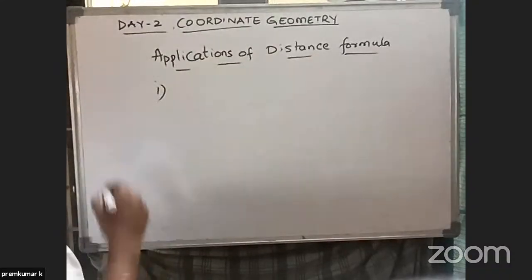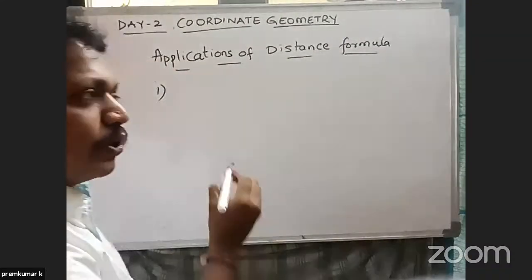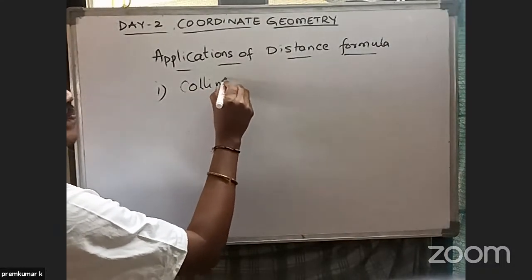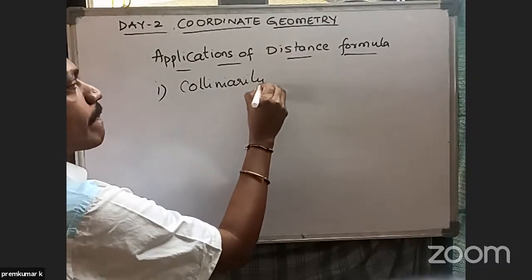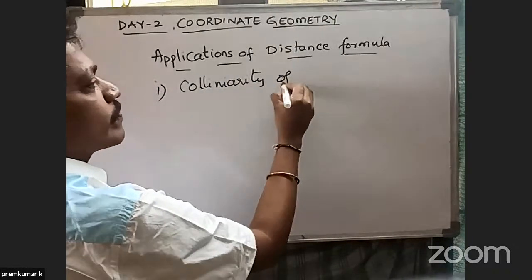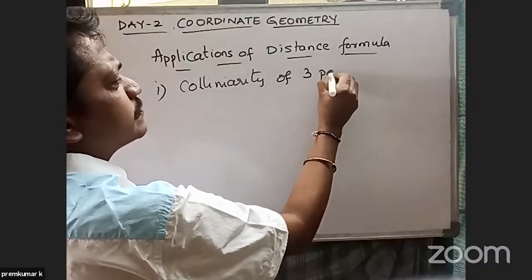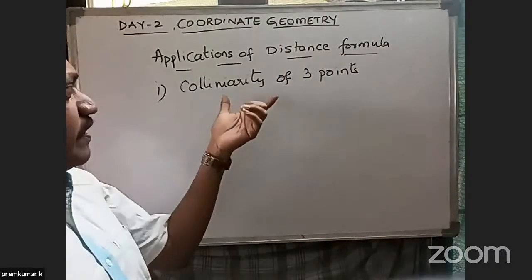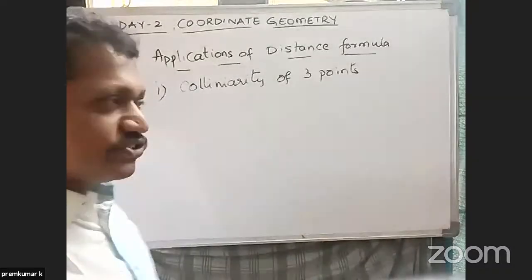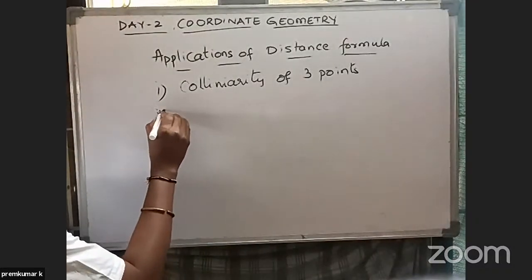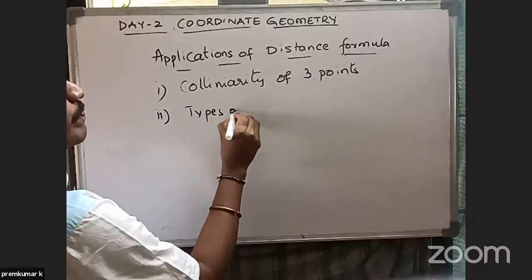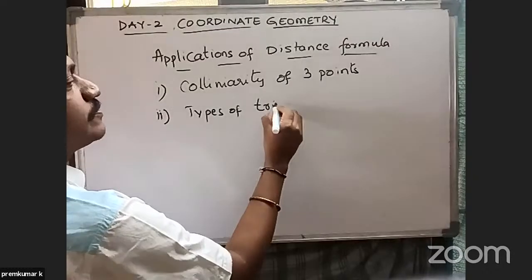First one is collinearity of 3 points. We will discuss it deeply after this explanation. Second one, types of triangles.